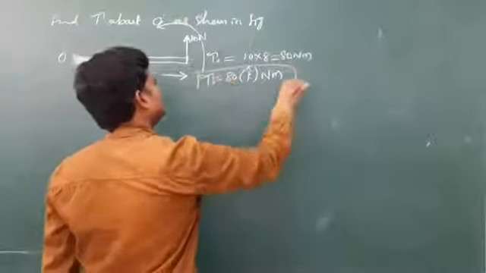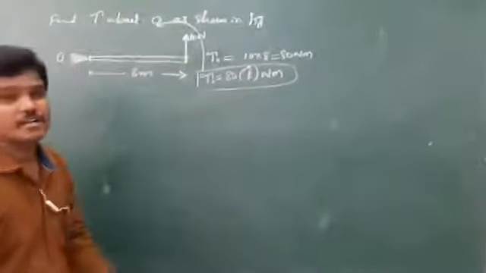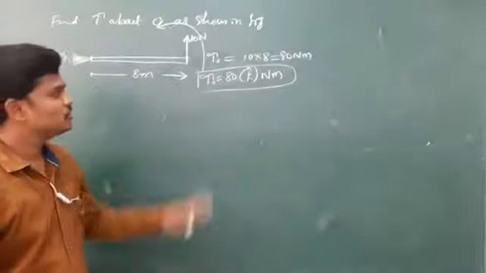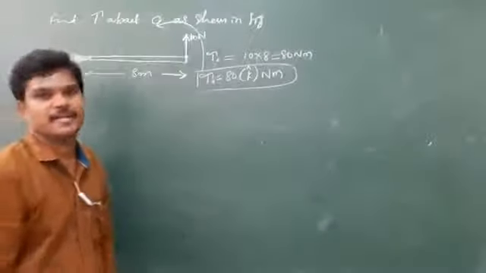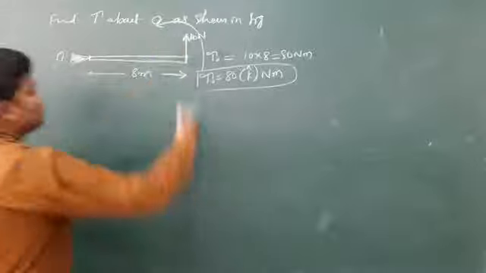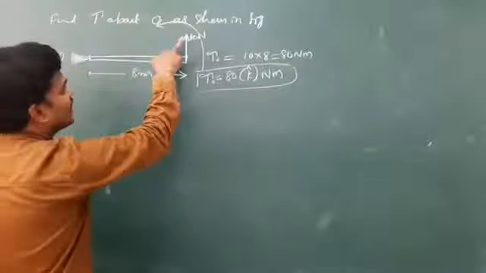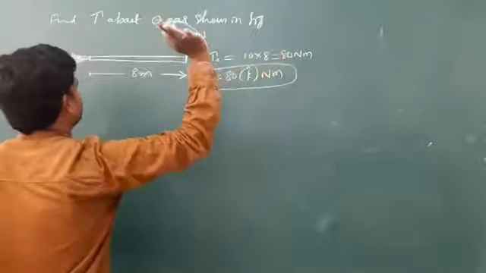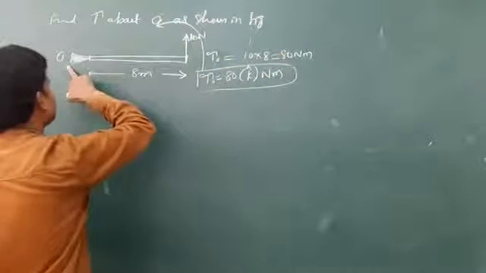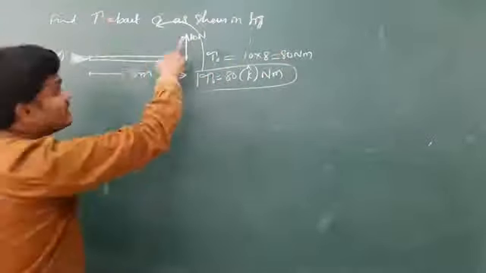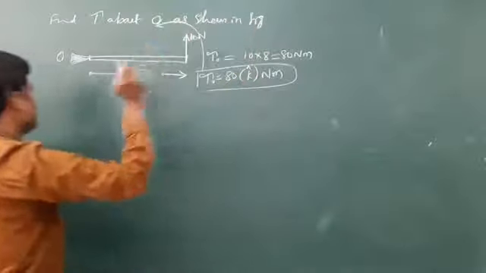If they ask in words, 80 Newton meter out of the paper if the rod is in the XY plane. Arrow tip left means anti-clockwise; arrow tip right side means clockwise.